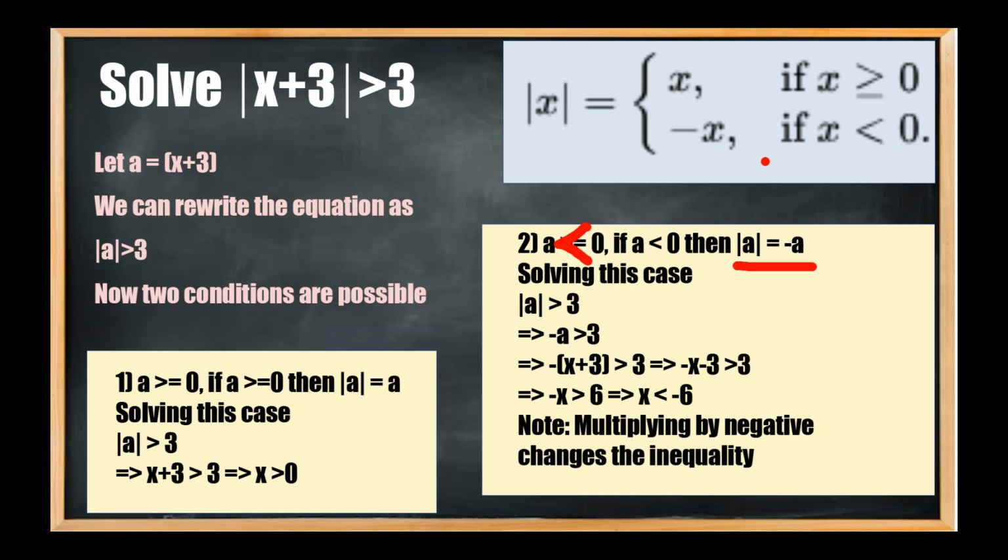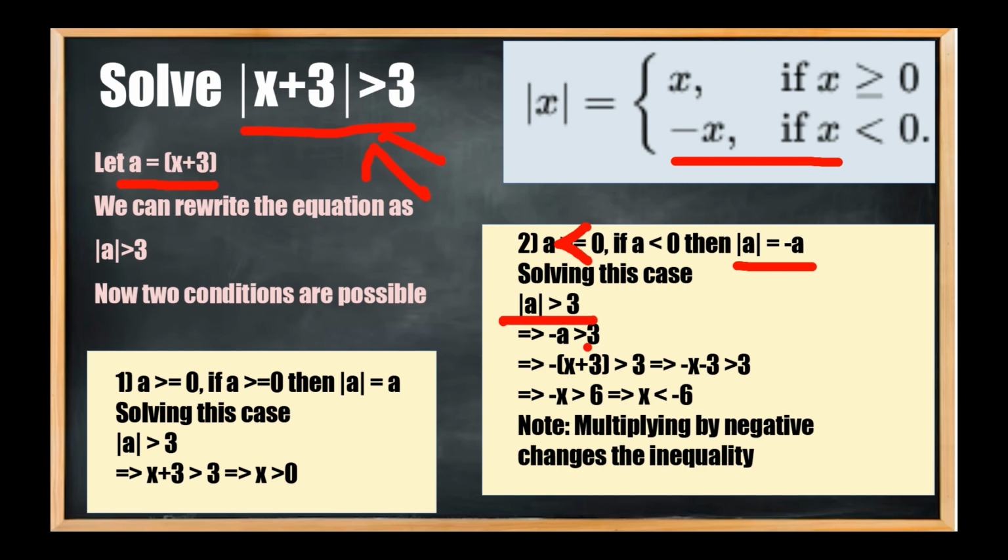This we already know from here: if a is a negative value, then the absolute value of a would be the negative of that negative value. So minus a would be greater than 3. This is the initial equation.